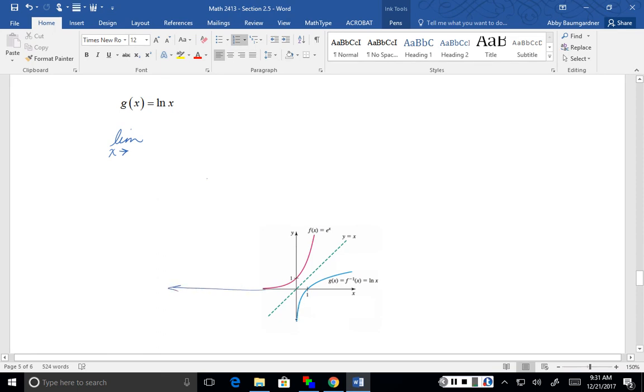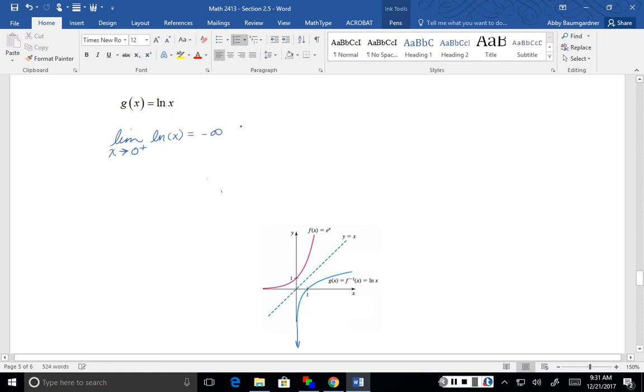This blue graph, in fact, just stops sharply at a vertical line of 0. So here we're going to say the limit as x approaches 0, and we're coming at 0 from the right. There is nothing to the left of 0. So the limit as x approaches 0 from the right of this function looks like the graph takes us off to negative infinity.